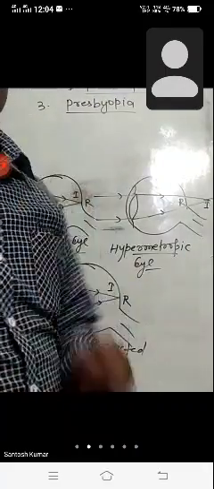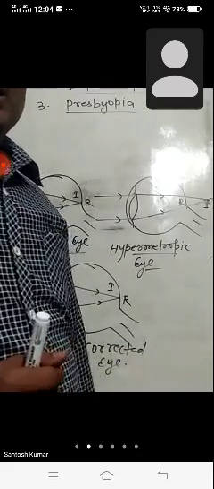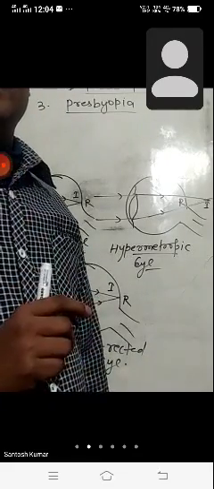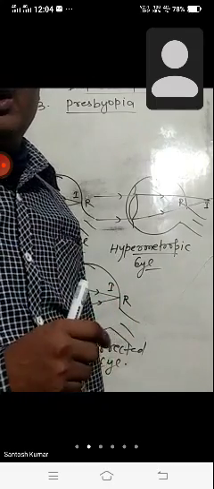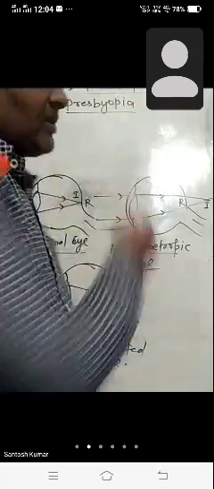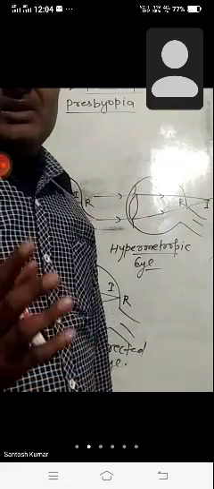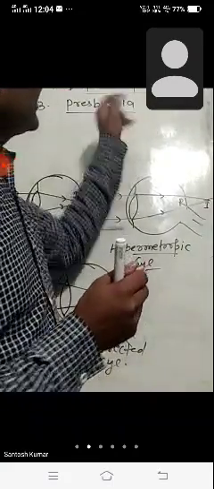Very simple, we need only a little knowledge. Especially myopia and hypermetropia are the normal defects which occur in most of the people. Most of the people suffer from these two. These others are found in very few people. So we will see what presbyopia is, sir.